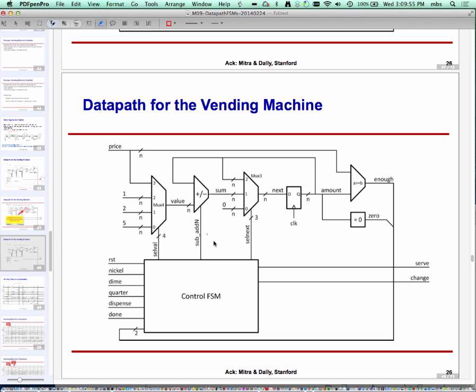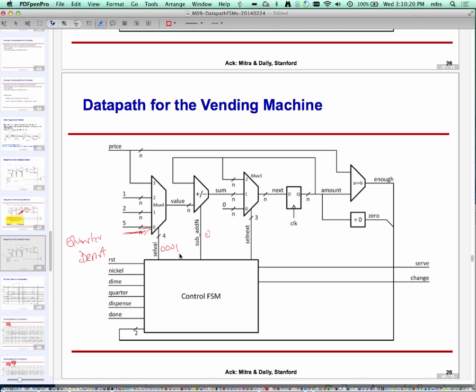So what will happen is we'll put a 0 out here. I will select this guy. So I'll put a 0, 0, 0, 1. So I'm depositing a quarter. Quarter deposited means I need to select this one.